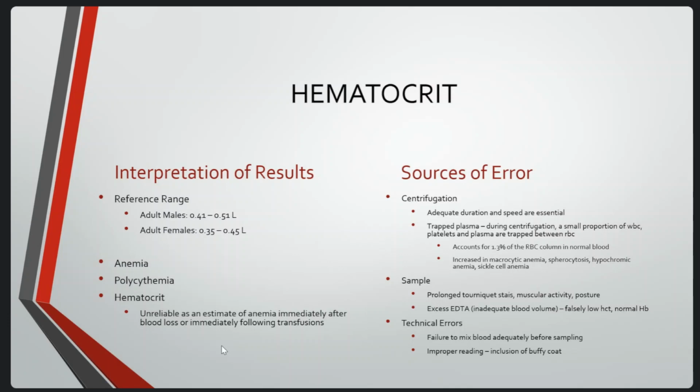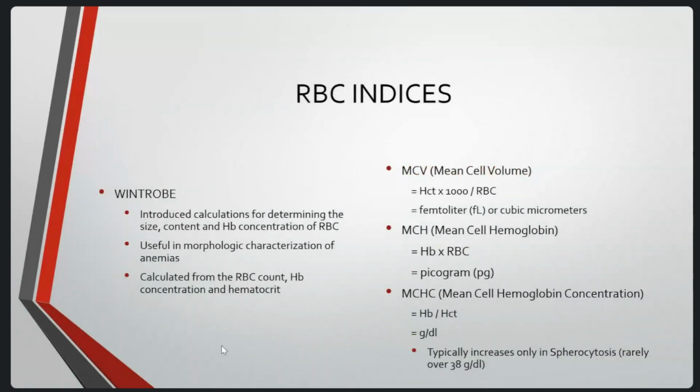Another one is technical errors: failure to mix the blood adequately before sampling, and improper reading. For the manual reading of hematocrit, we use a special type of ruler that will correlate the volume of your red blood cells to that of the whole sample, and you can have your hematocrit and the corresponding hemoglobin.